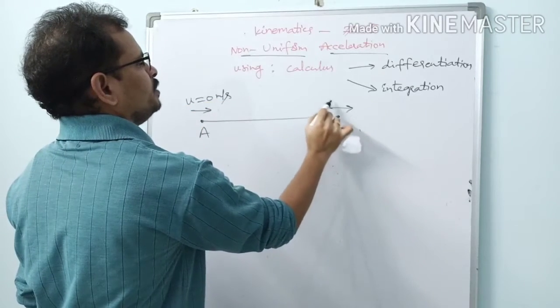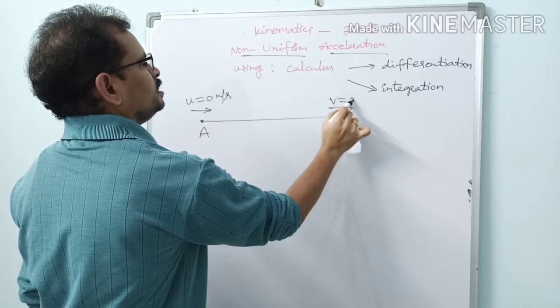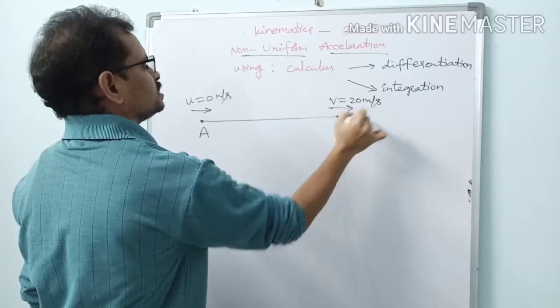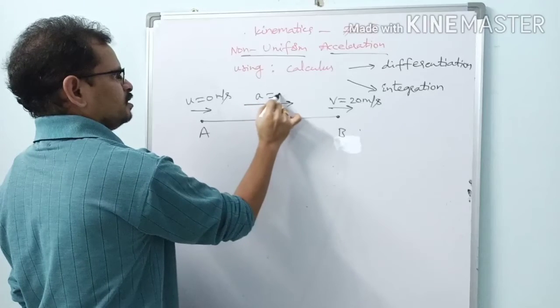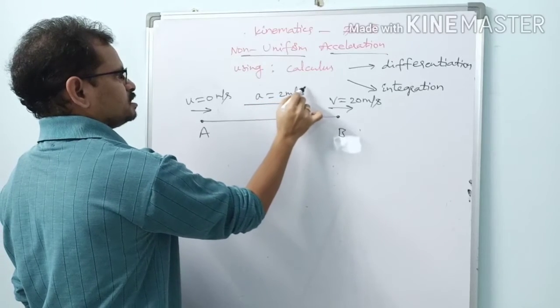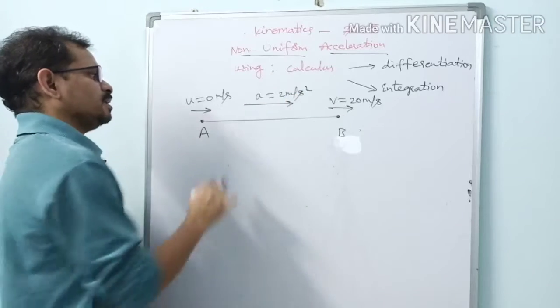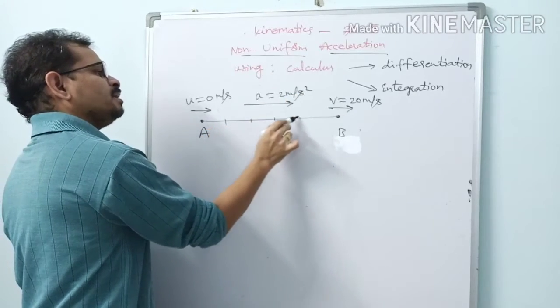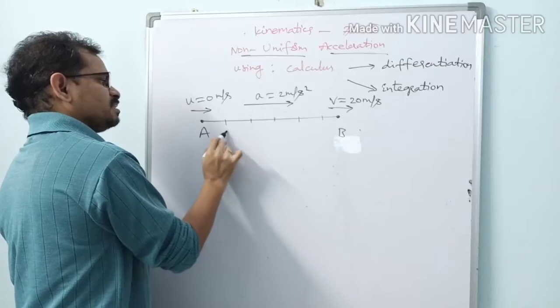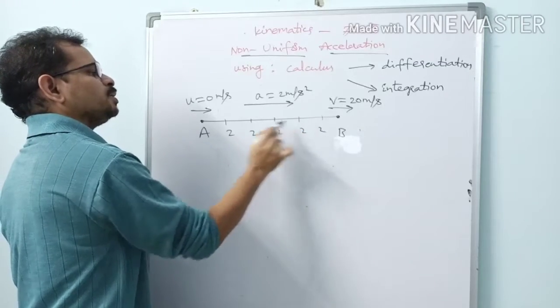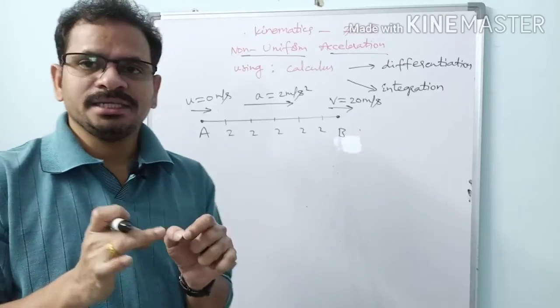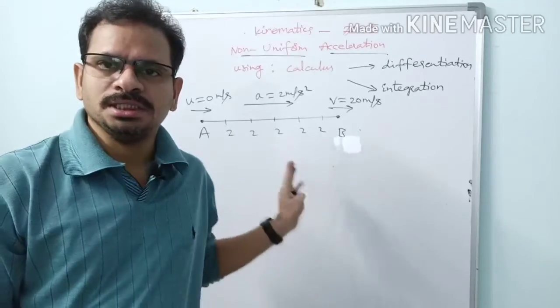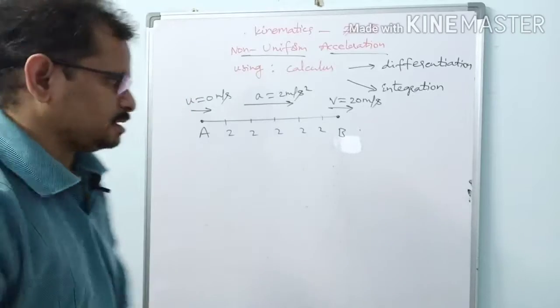At the final point B, let the final velocity be 20 meters per second, and the acceleration a is equal to 2 meters per second square. So what does it mean here? If you consider any point throughout this journey, the acceleration value will be 2 meters per second square at any point. So acceleration is remaining constant throughout the journey. Such a motion is called uniform acceleration.